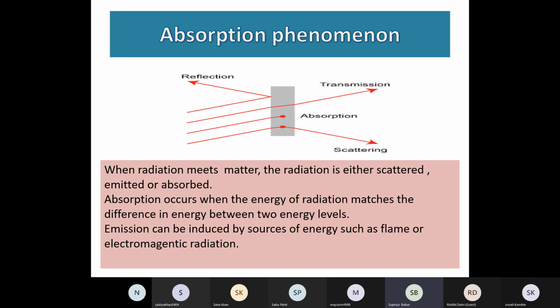That electronic excitation requires more energy than the vibrational and rotational excitation, because the gap between these electronic levels is high. In between the electronic levels there are vibrational levels, and in each vibrational level there are rotational levels.